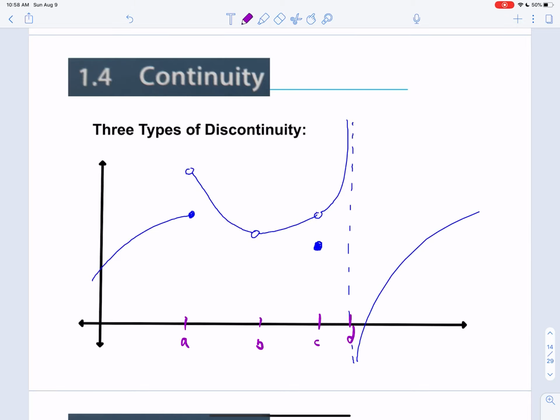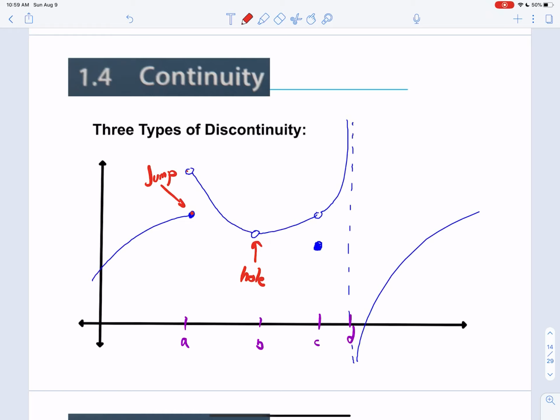Okay? Now, why? So here, what kind of discontinuity is that? Is that a hole, an infinite, or a jump? So here, this is definitely a jump discontinuity. I had to jump to a different value. Okay? At B, there's just a hole, because you continue at the same spot, right? It's not really a jump.